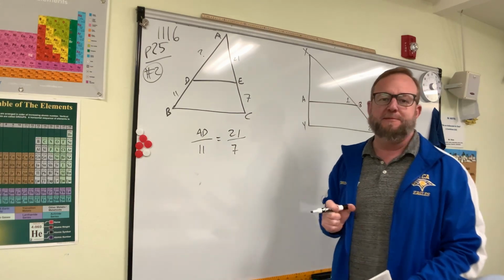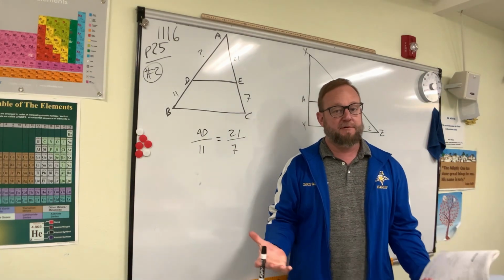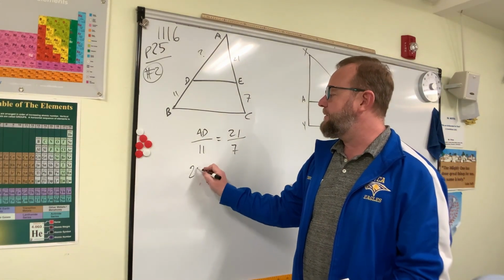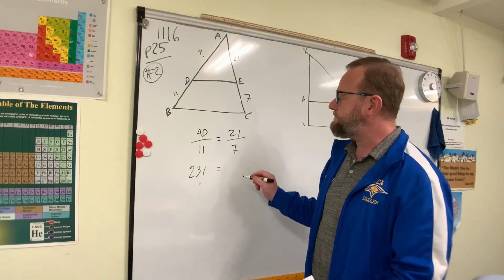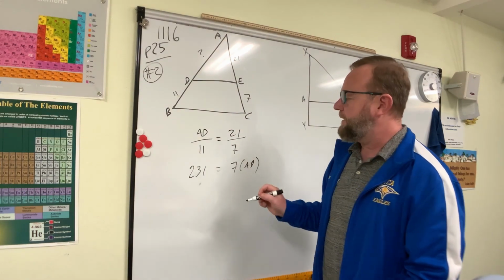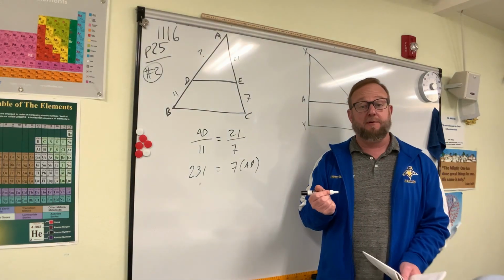Now what's 21 times 11? You know the 11's trick? 21 times 11 is 231. And then of course 7 times AD. And what is this? 7 going into 231?